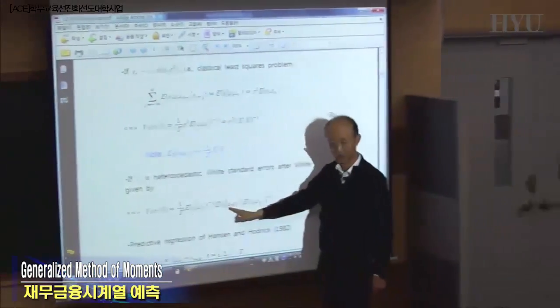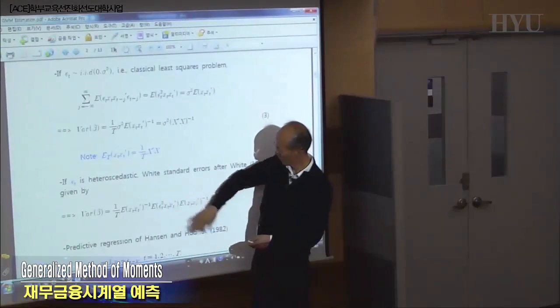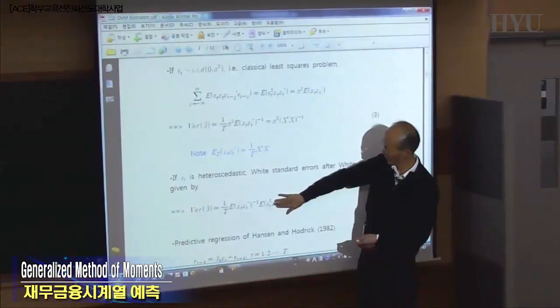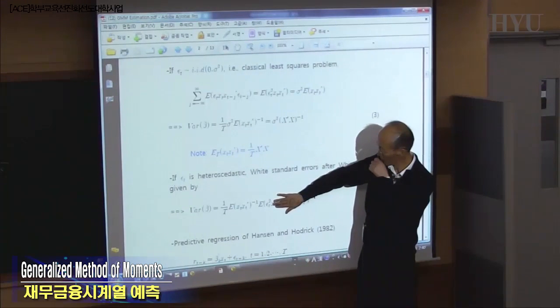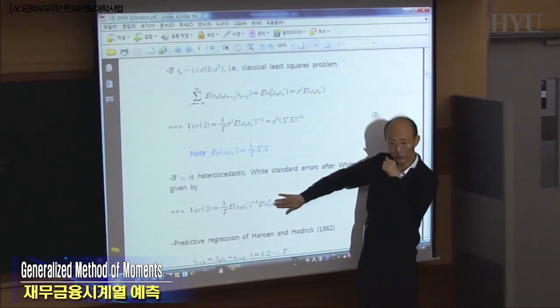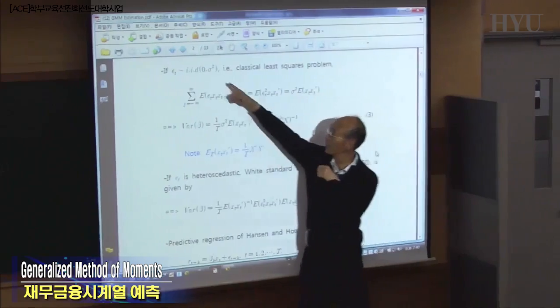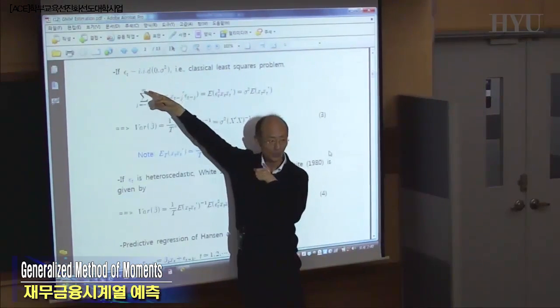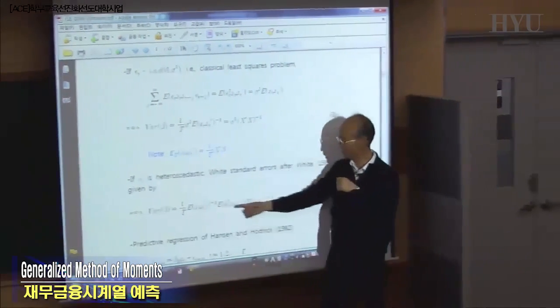You know that, ignoring this part, the expected value of sigma t squared is the variance of epsilon t, right? Previously we assumed that it is the same for all epsilon, but it could be different.